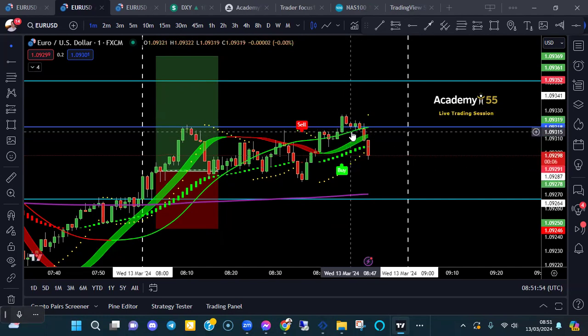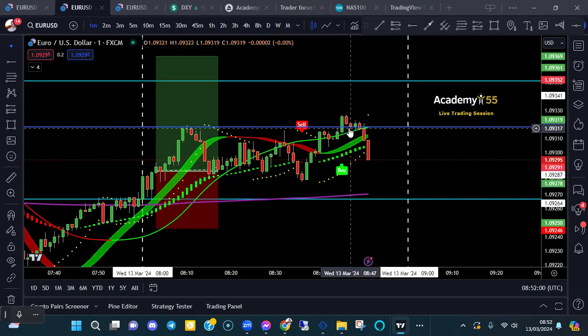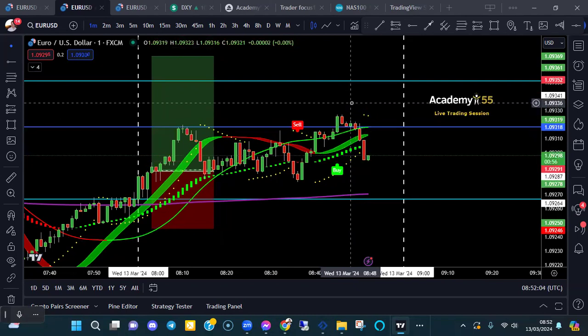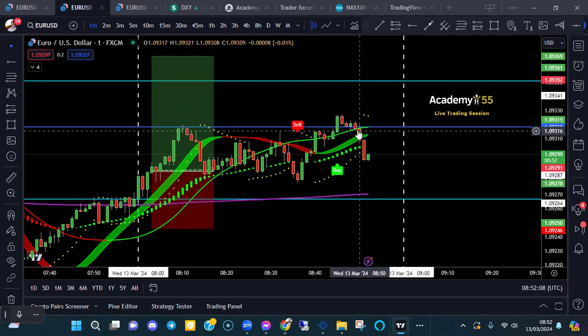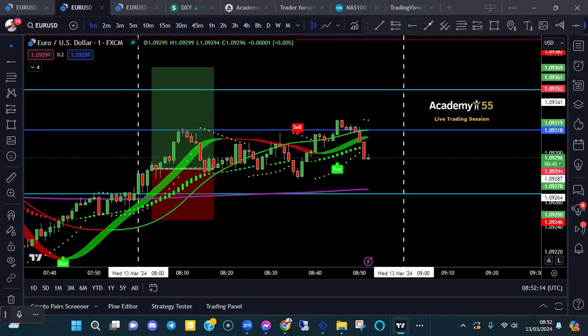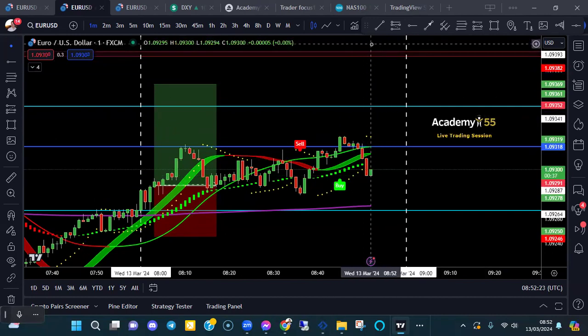If you entered here, for example, 32, the trend line was only 1 pip away. So you need price to be up here to get into the trade, following the rules. So you wouldn't be in a trade yet until price got up to this area here. And then obviously your 2 to 1 would be up here somewhere.